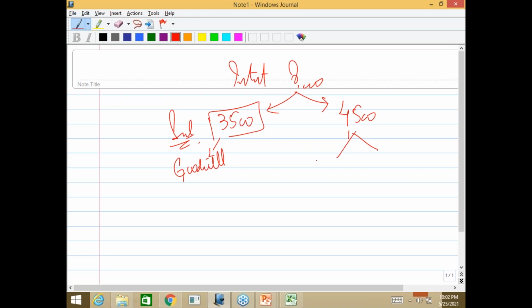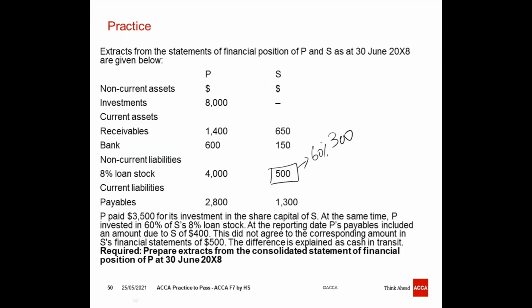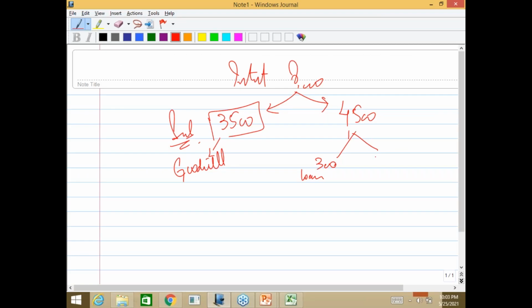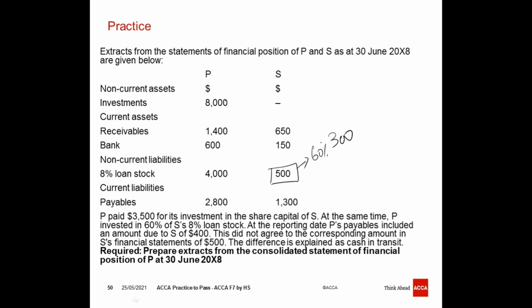So 300 is the investment in loan, and the remaining amount will be the other investment of the parent company. So what you need to do is to cancel out 300 from this investment and 300 from this non-current liability, because we never recognize intercompany transactions.